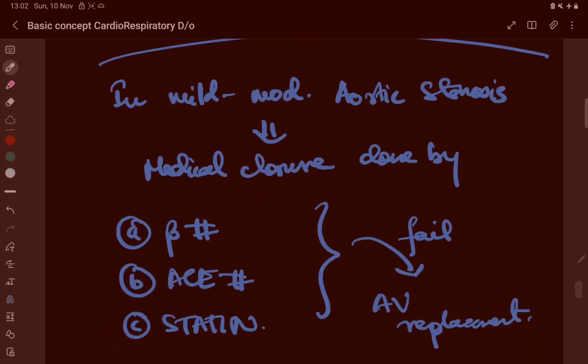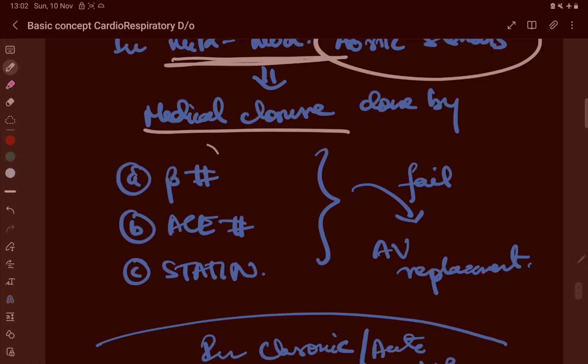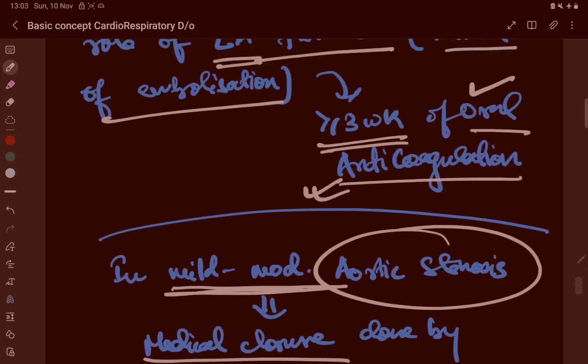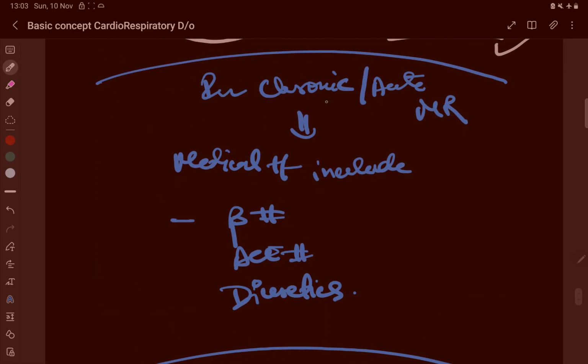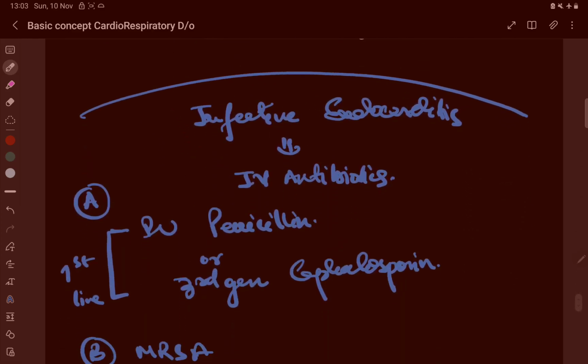Okay, so again in mild to moderate aortic stenosis, medical management can be done by the beta blockers, ACE inhibitors, and statins. If they fail, then we go for the AV replacement, and when we do the AV replacement, we give the oral anticoagulation. Okay, in chronic or acute MR, the medical treatment includes the beta blocker, ACE inhibitor, and the diuretics.